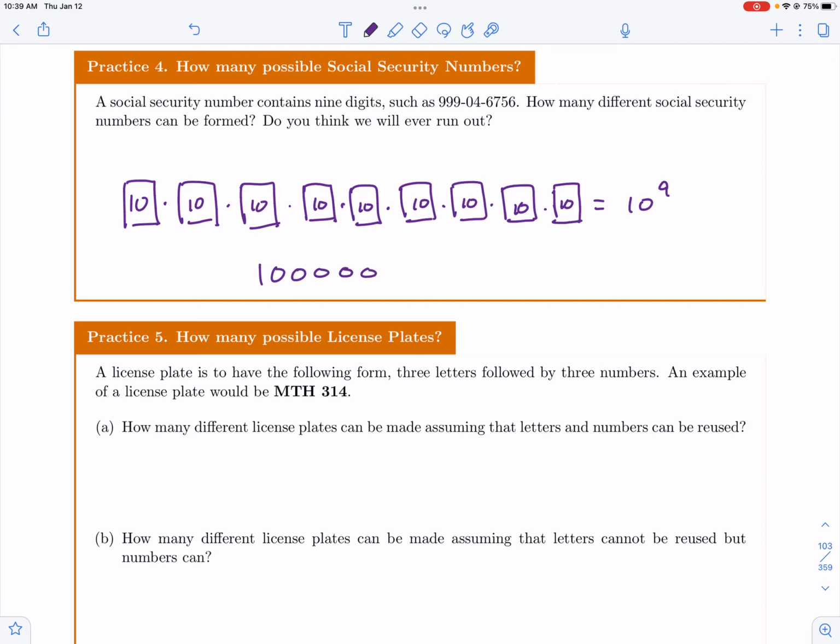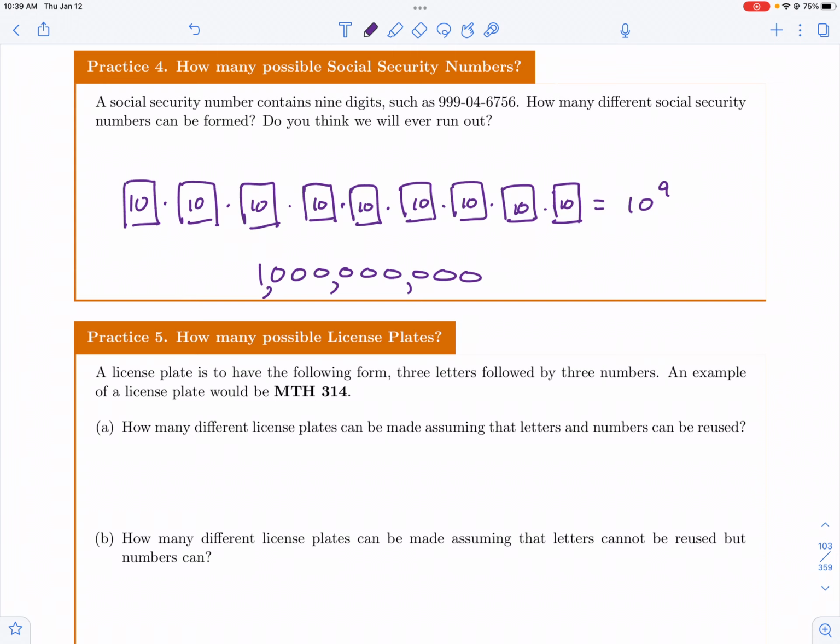So in this case it looks like we're going to have 1 billion possible social security numbers that we can actually make.